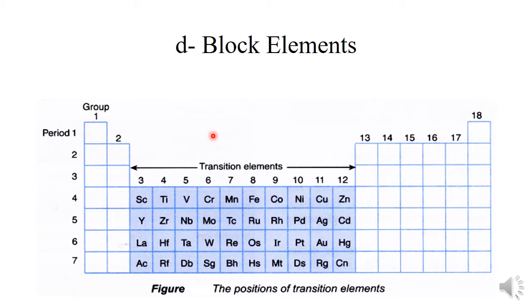And in the modern periodic table, from group 3 to group 12, there are the transition elements. Further, these transition elements are metallic in nature, so today the name transition metals is often used for these elements.